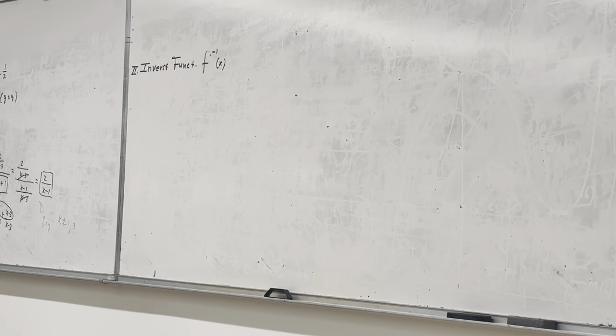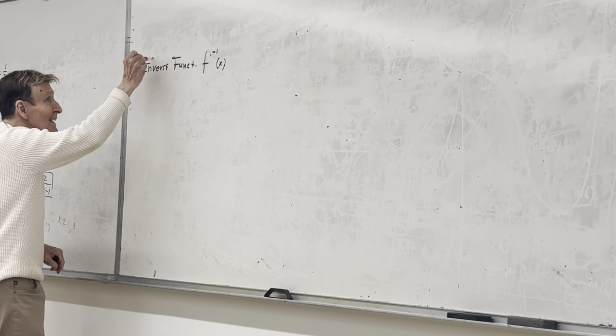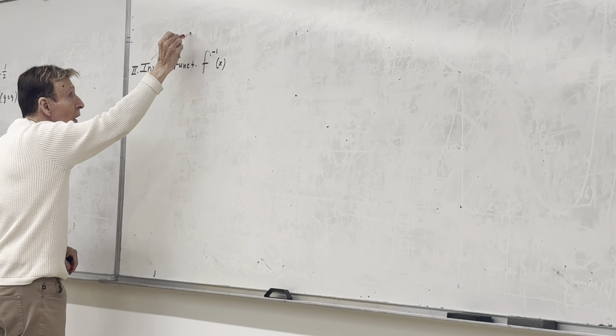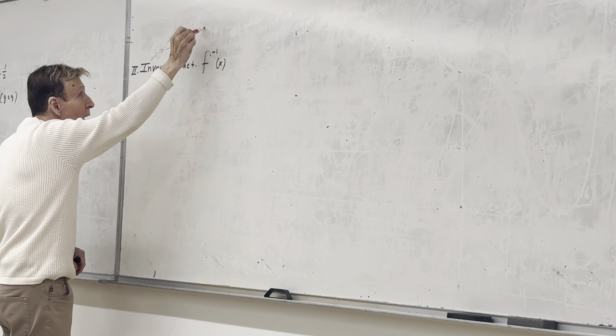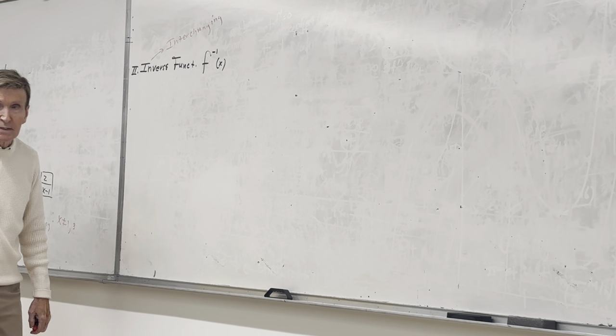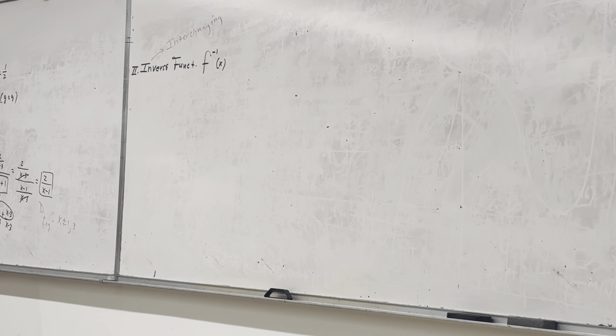Now, I'm going to put right above the word inverse, because I am going to recap here, we're interchanging coordinates. So all it comes down to for an inverse is interchanging coordinates.